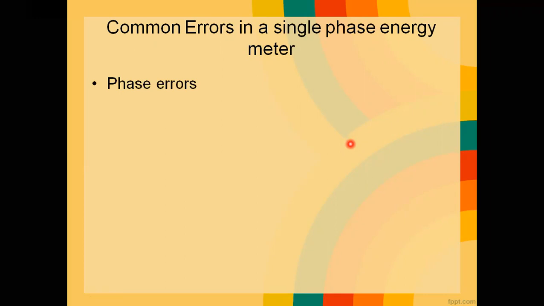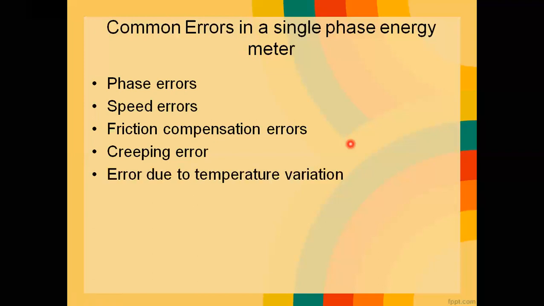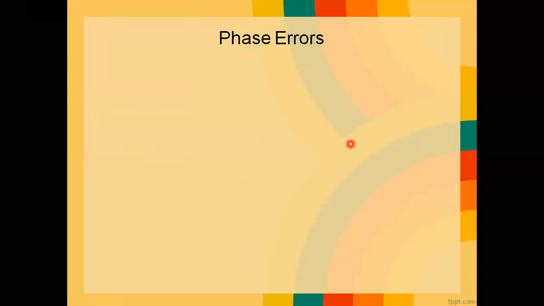First one is phase errors, and the others are speed errors, friction compensation errors, creeping error, and error due to temperature variation. Let us see all the errors one by one along with their compensation.